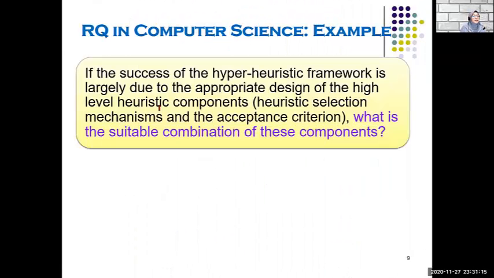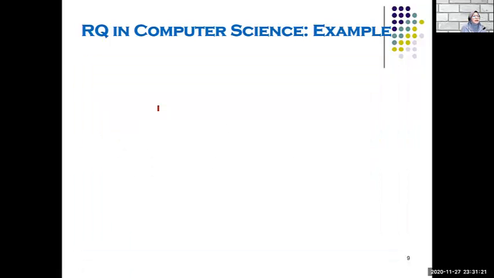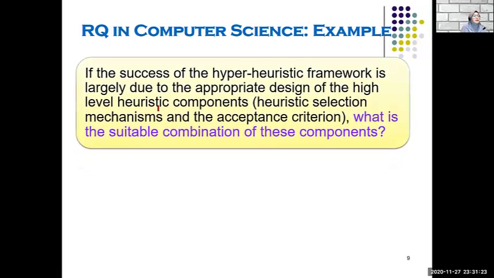Okay, let's see an example of research questions in computer science. If the success of the hyperheuristic framework is largely due to the appropriate design of the high-level heuristic components, that is, heuristic selection mechanism and acceptance criteria, what is the suitable combination of these components?